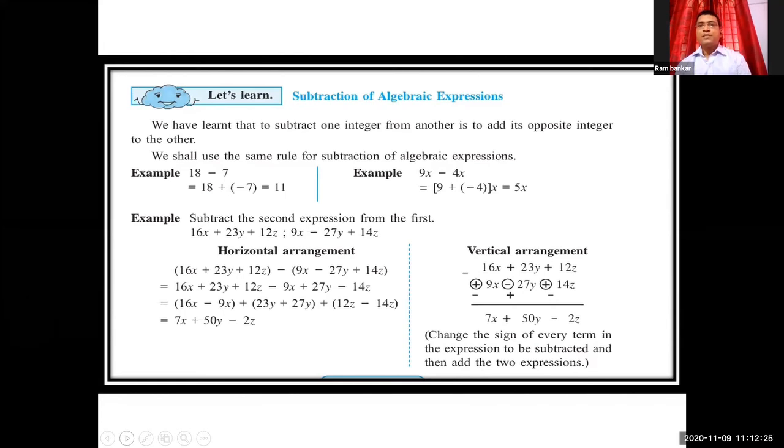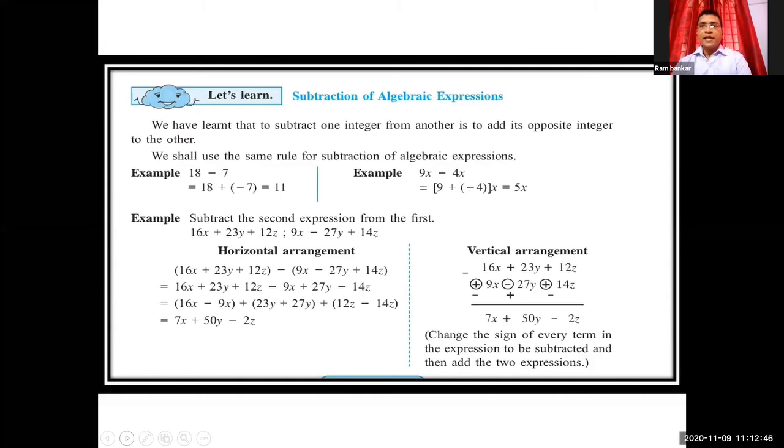Example, in the algebraic expression you will see 9x minus 4x. In the bracket 9 plus in bracket again minus 4 is given, bracket close, big bracket x. Okay, the 9x minus 4x, the answer is 5x. Look at the example given.